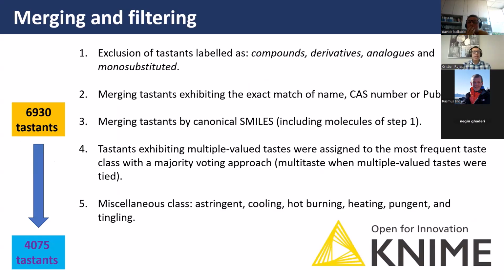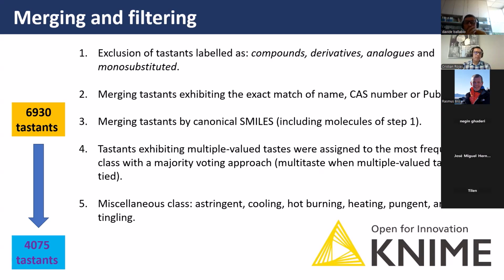Then, for filtering the dataset, a KNIME workflow was programmed to use 5 basic steps to merge the molecules using the name, the CAS registry number, or the PubChem CID. Then a further matching process was performed by the canonical SMILES in order to identify similar compounds.